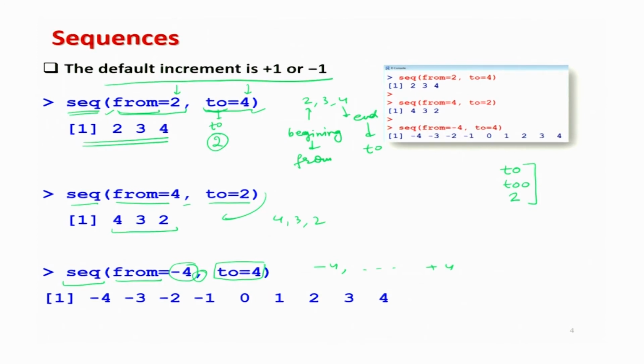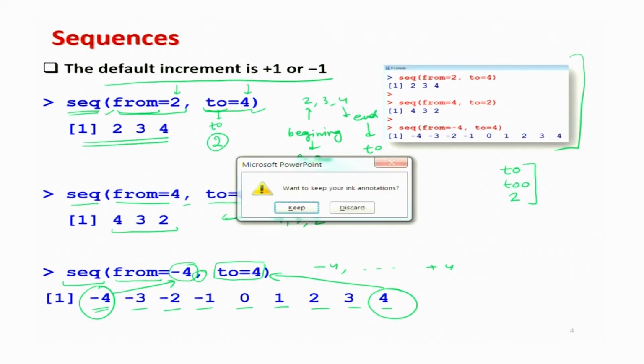So, now what will happen? This sequence will start from -4 and then with a difference of 1 unit the sequence will progress further, as -4, -3, -2, -1 and 0, and then 1, 2, 3, 4. So, this -4 corresponds to from, and this 4 corresponds to the option to, right. And here you can see the screenshot.